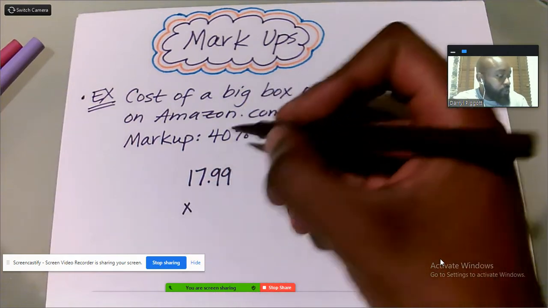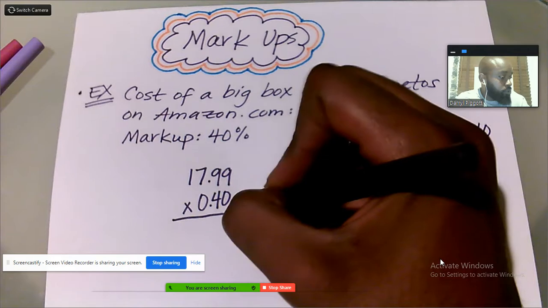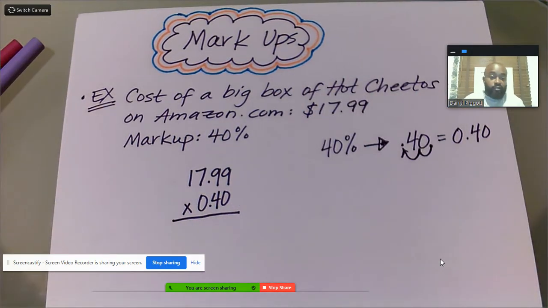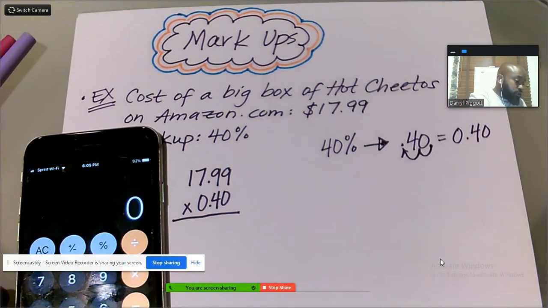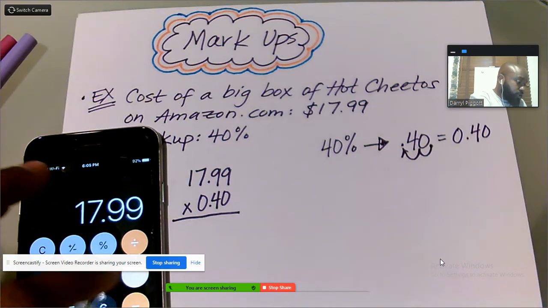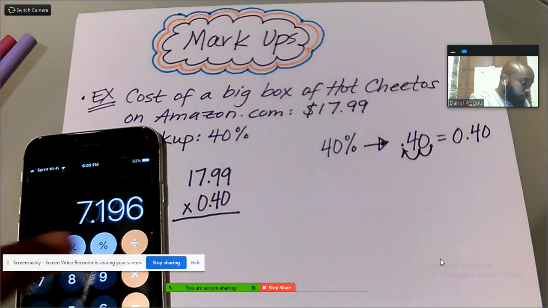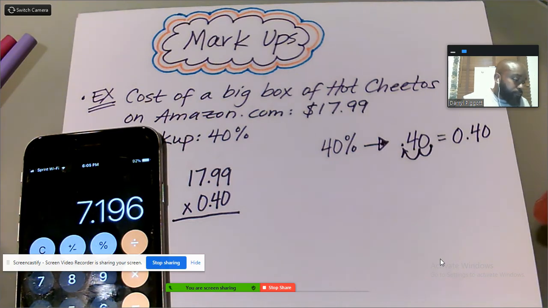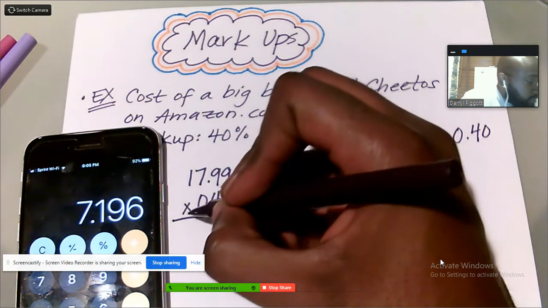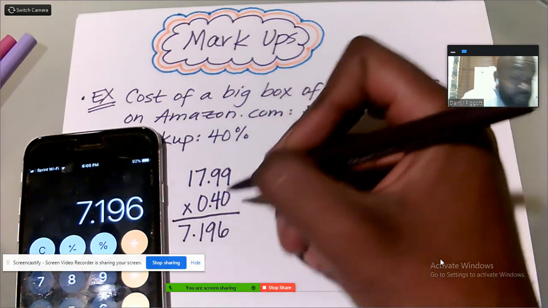So I take that price, $17.99, and I multiply by 0.40. I can do that in the calculator, no problem. $17.99 times, I hope I hit times, 0.40, I get 7.196.